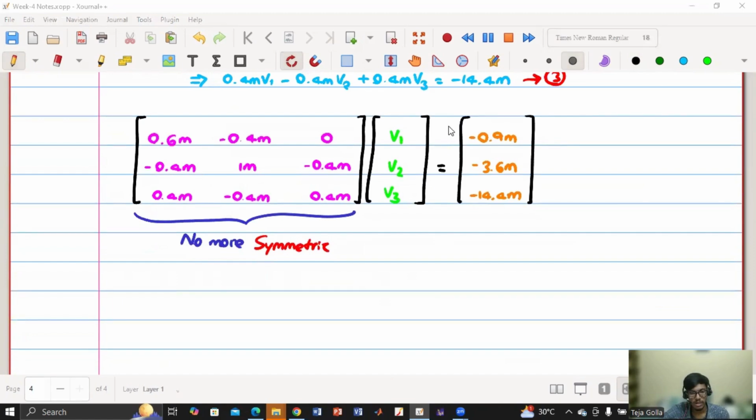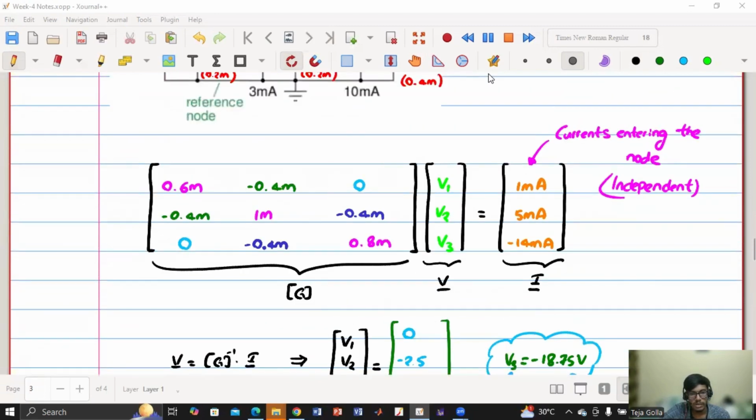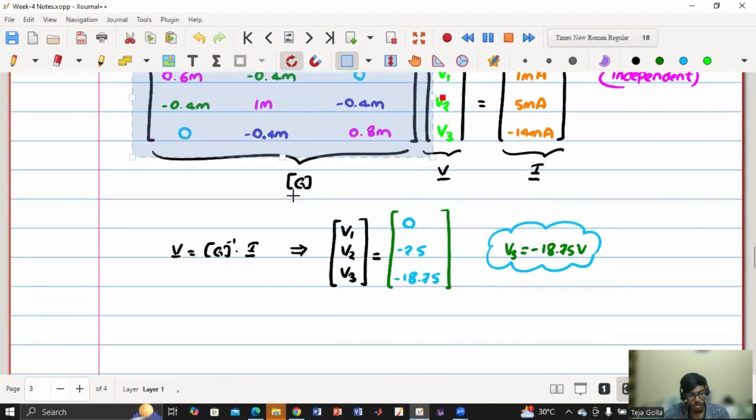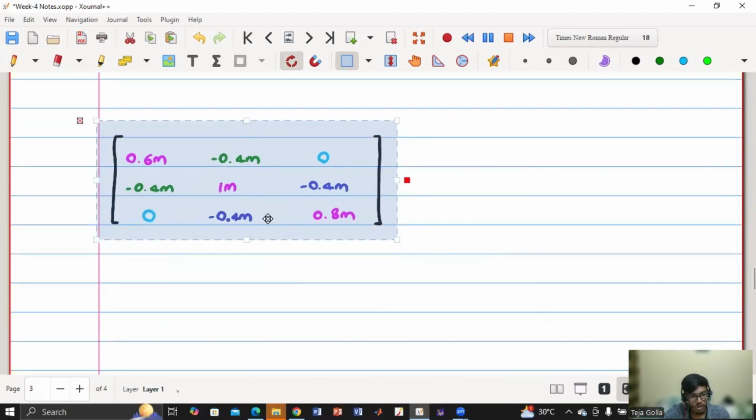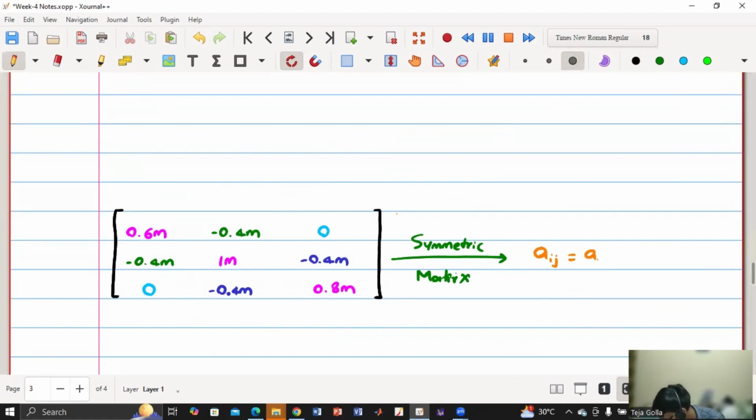Symmetric means, yeah, so let us take this example because it is symmetric. For a symmetric matrix, Aij is equal to Aji.